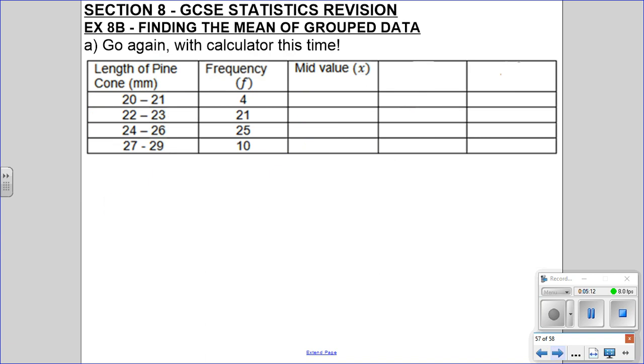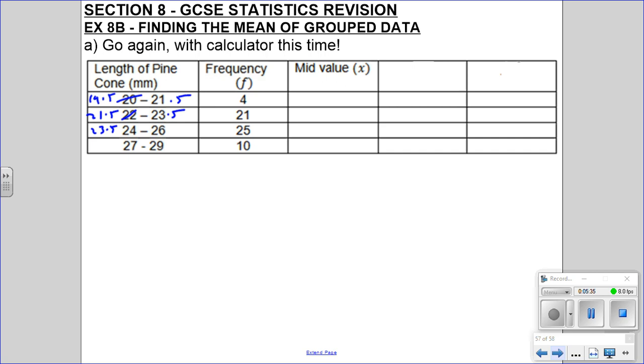Let's do that one more time, a bit quicker. This time we could use the calculator to know whether we're correct. We already know what the answer is, but we could use our calculator to speed this whole thing up. We know this needs to be continuous because it's not continuous, and there's a gap between our numbers.